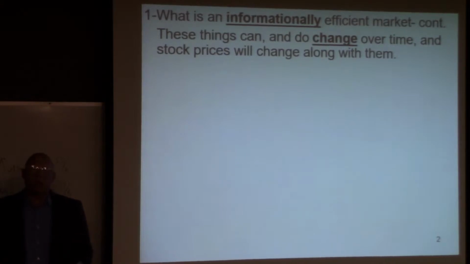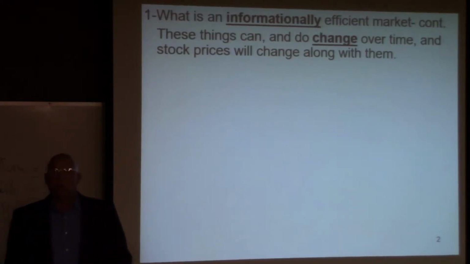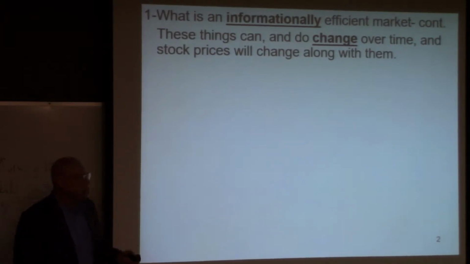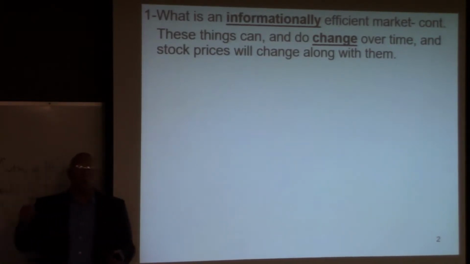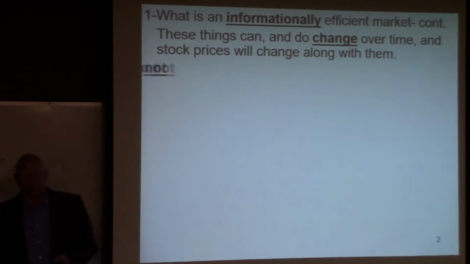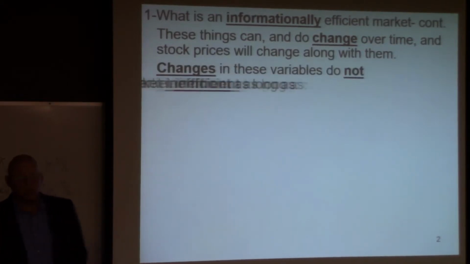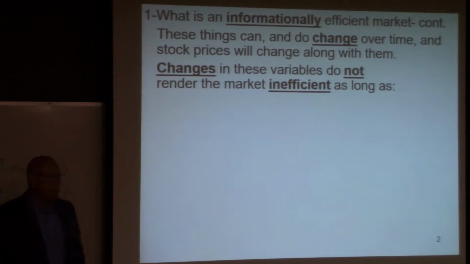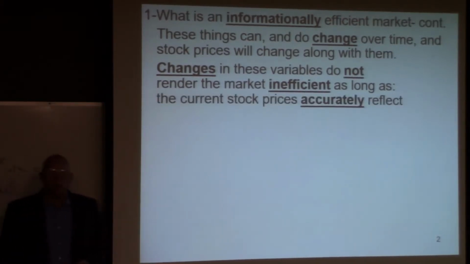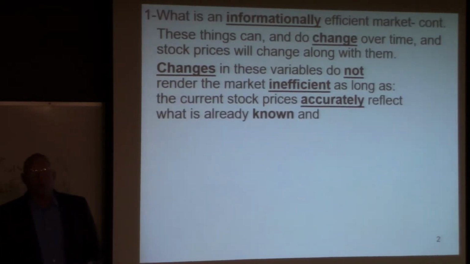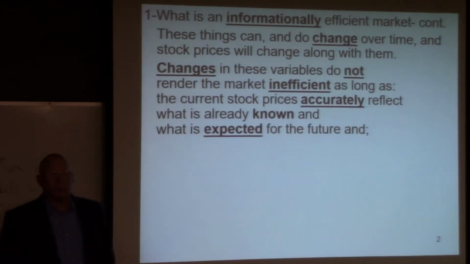If you believe the market is efficient, which I do for the most part, I'm not saying that stock prices don't change. I'm saying that what drives the change in stock prices are changes in expectations for growth rates and risk. Changes in variables do not make the stock market inefficient as long as current stock prices accurately reflect what we already know and what is expected for the future.